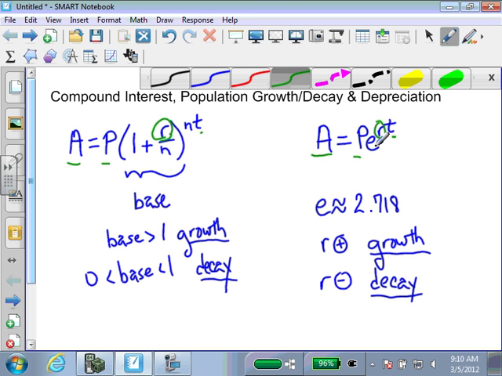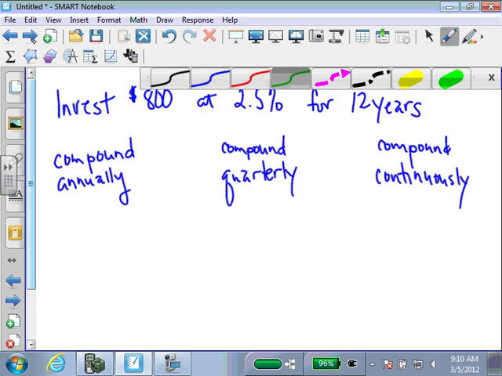In this one, since E is the base, and E is definitely bigger than 1, it seems like the only thing this could do is grow. But if we make the rate positive, we grow. If we make the rate negative, we actually get decay. Okay, so let's put this to work.